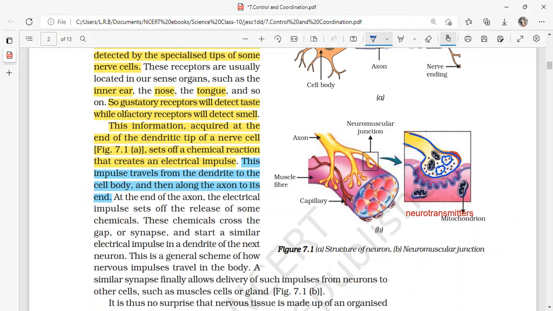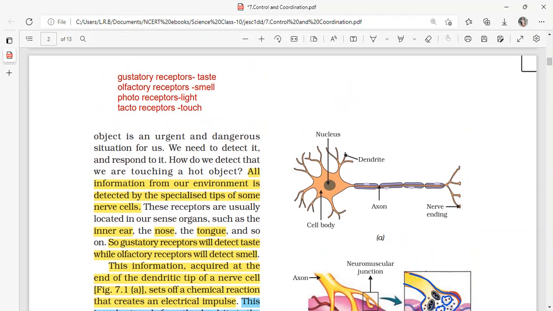So now let us move back and go through the figure of the nerve cell. A nerve cell has a nucleus, and a cell body, and the cell body has all the cell organelles just like a common cell. These are the dendrites, and the axon is here.